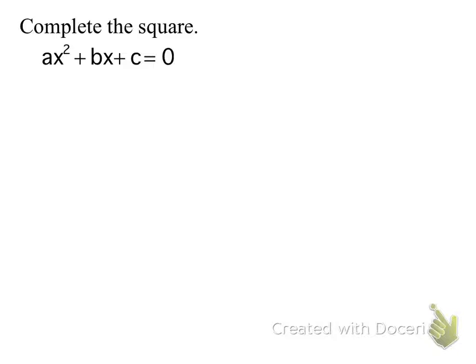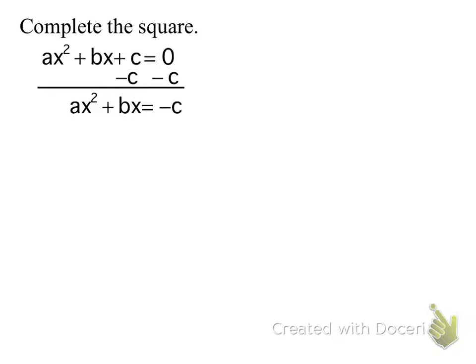Okay, so in order to complete the square, what did we do last night for homework? First we subtract c, right? And then we're left with this. What would I do next? You would divide b by 2.